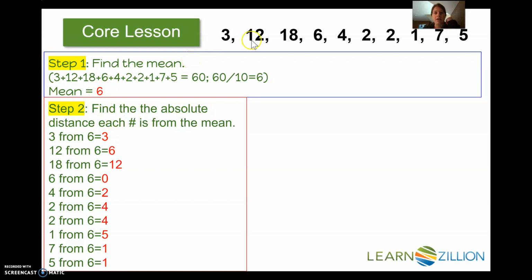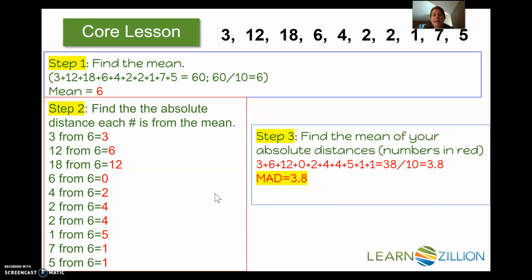Remember, this is on a number line. 12 from 6 is 6 spots. So I go through each of those numbers. I have 10 new numbers listed. Those are in red. Third and final step is find the mean of those distances, the 10 new numbers. So that's the final step. 3.8 is my MAD.